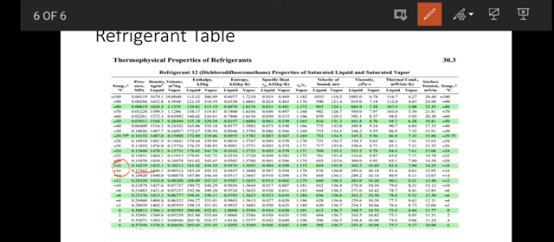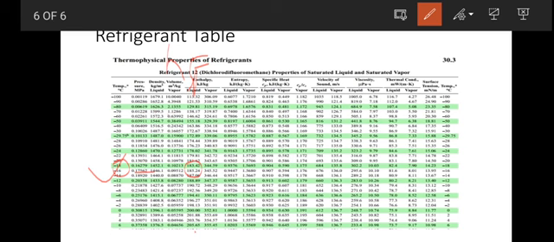Now the enthalpy. This column indicates hf, that means the enthalpy at the corresponding temperature and pressure at the liquid point. Here, for minus 18 degrees Celsius, we have 183.42 kilojoule per kg.